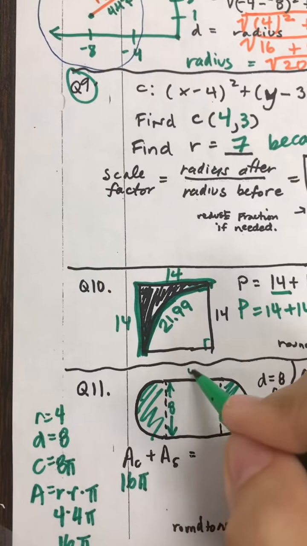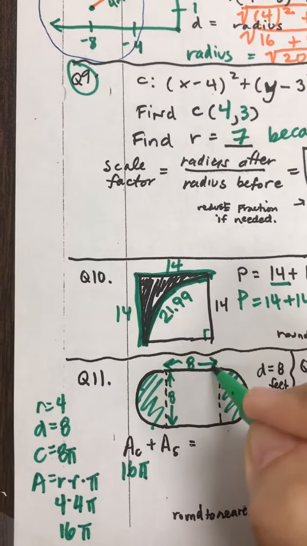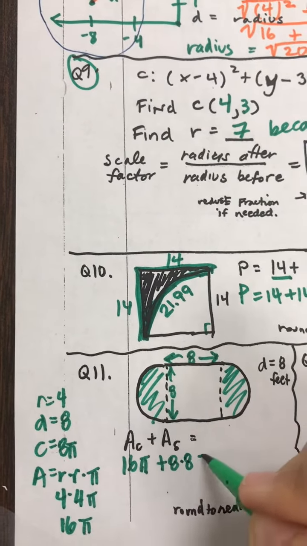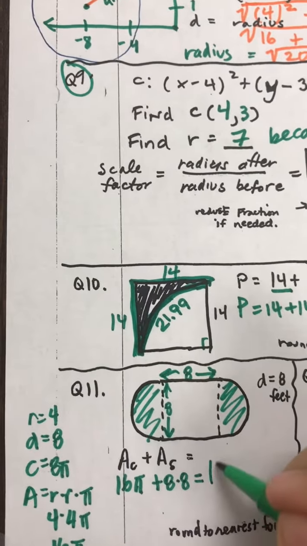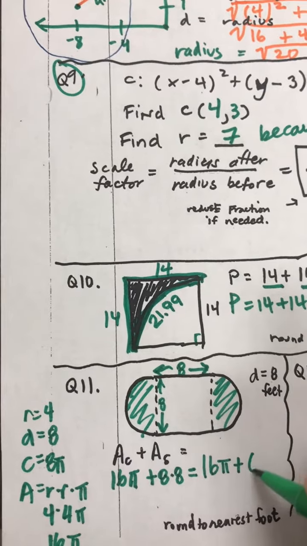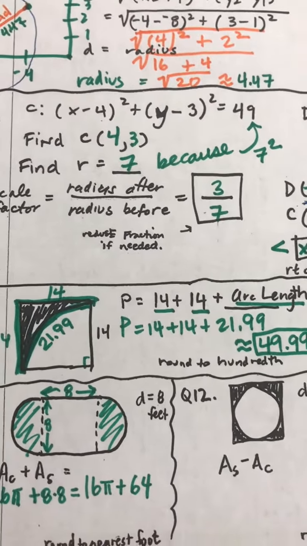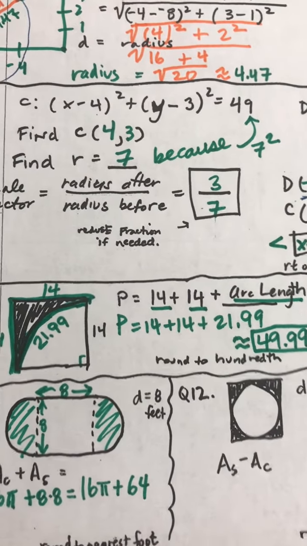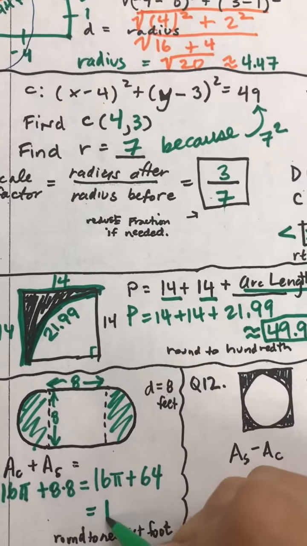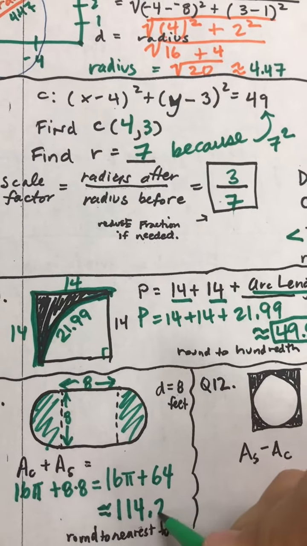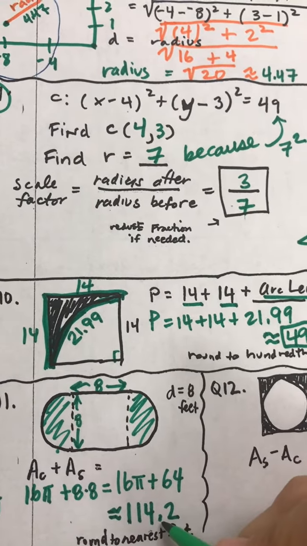Now the area of my square, notice the height is 8 and my width would need to be 8, so my square is 8 times 8. So 16 pi plus 64. I am rounding 114.2, round to the nearest feet.